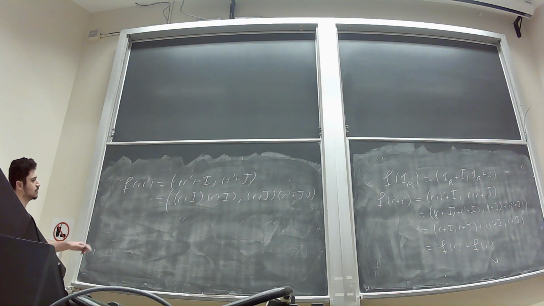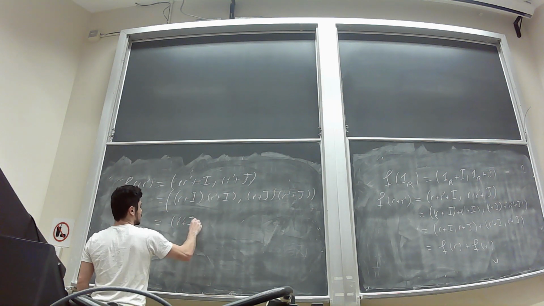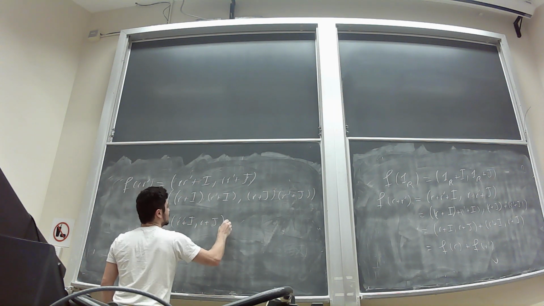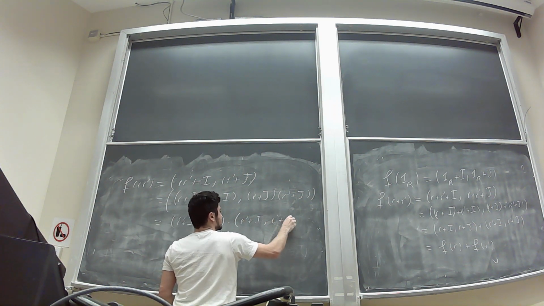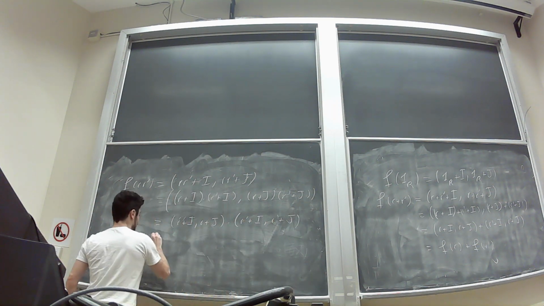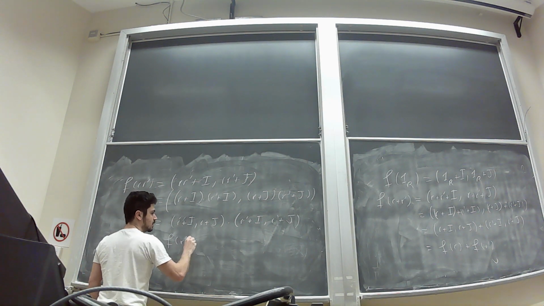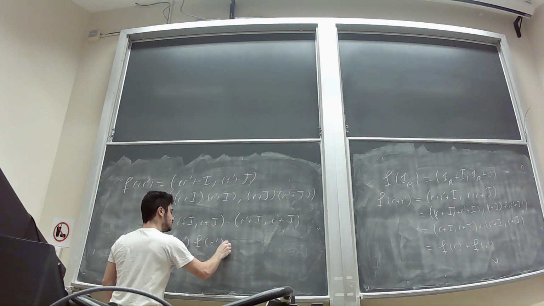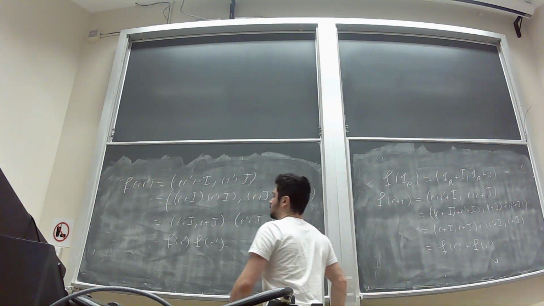Now, in the product ring, the product is taken pairwise. This is just r plus I, r plus J times r prime plus I, r prime plus J, and this is just f of r times f of r prime. Okay?